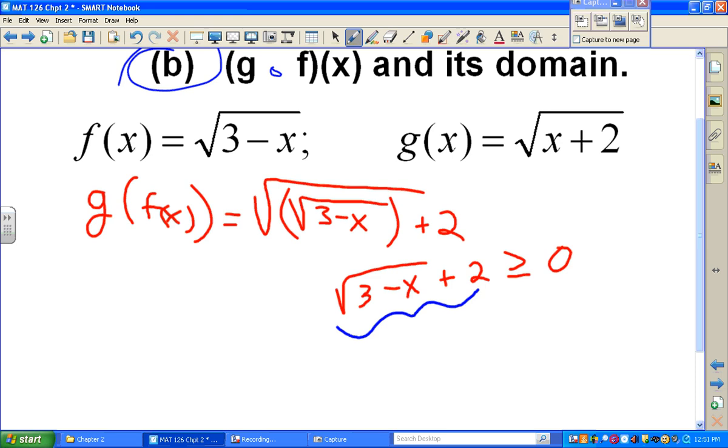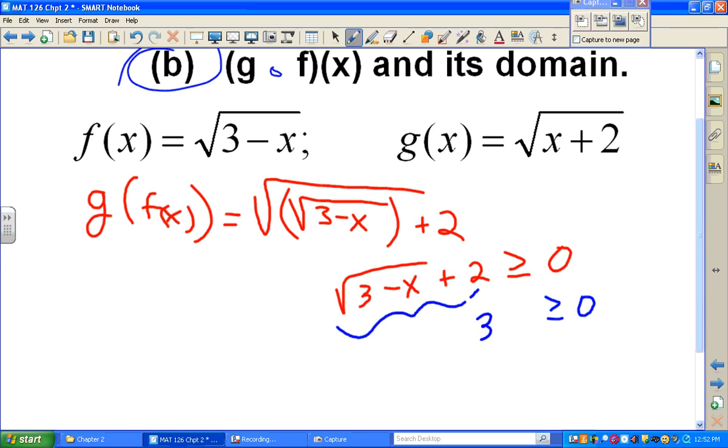Well, it's never going to equal 0, is it? Because the square root's never going to equal negative 2. So based on that school of thought, you can just say, okay, next one: where is that going to be true? Oh, not the square root, but just the 3 minus x.